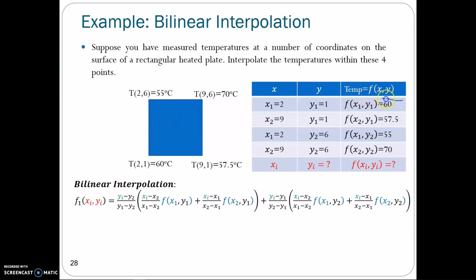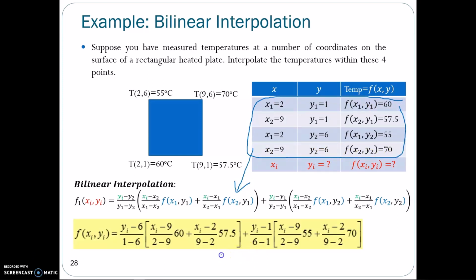By substituting all of the information given by these 4 points into this formula, you can simplify the formula into this, and this function is in terms of xi and yi, where your xi is between 2 and 9, and your yi is between 1 and 6.